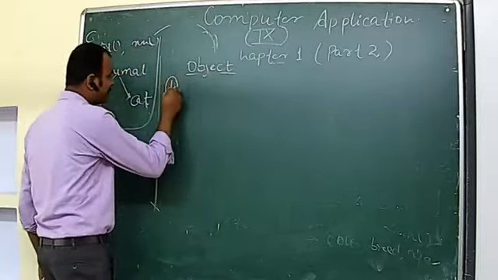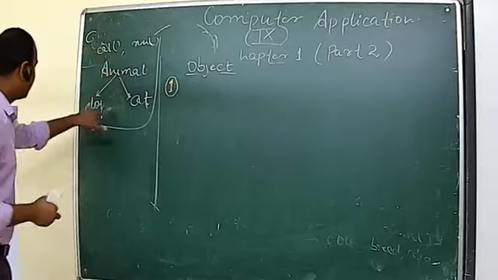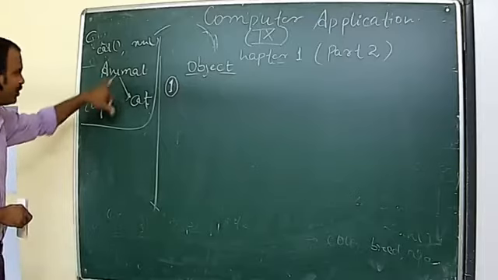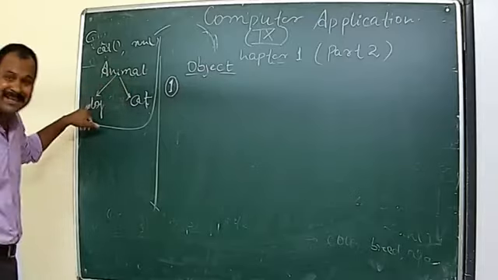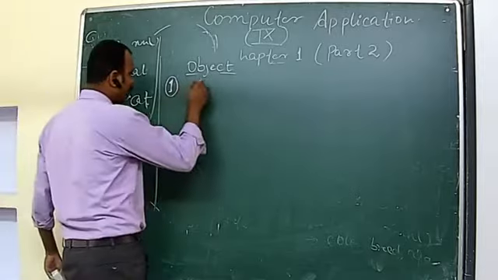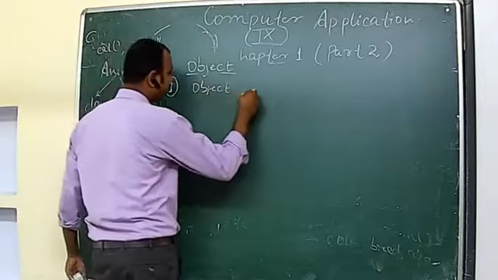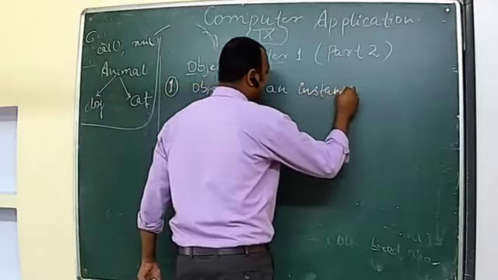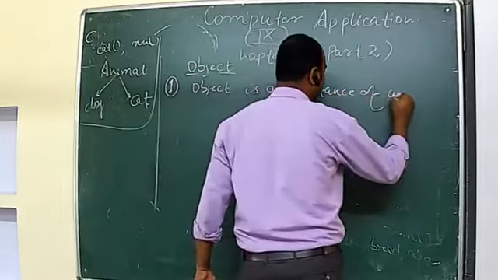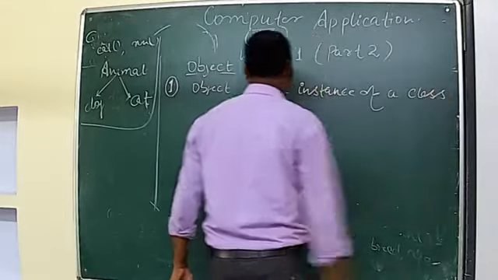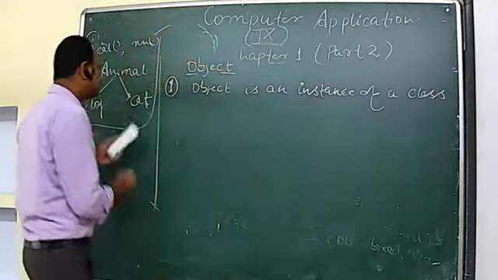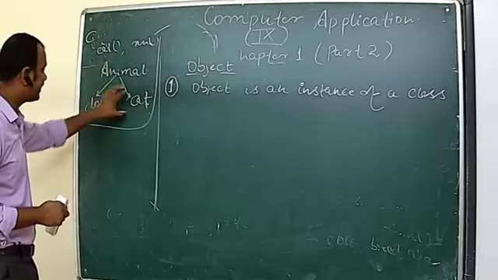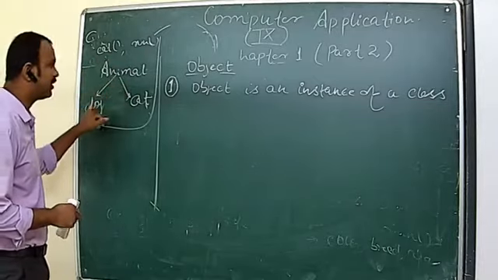This object is part of this class itself, because from this class only this object was created. So we can write: object is an instance of a class. Since from this animal class only this was created.